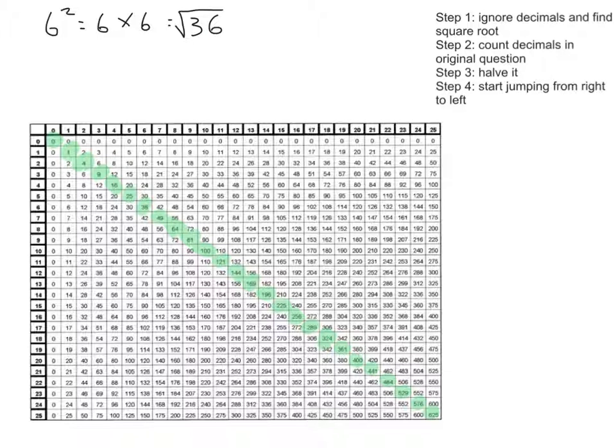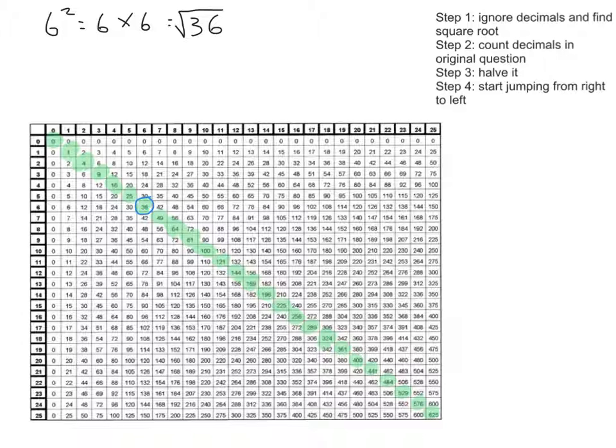So what we need to do now is find the number 36 in our multiplication table, but find it by having that one number multiplied by itself. So for example, if we look at this 36 here, the one I'm circling, we can see that this was created by having 6 multiplied by itself to get 36.